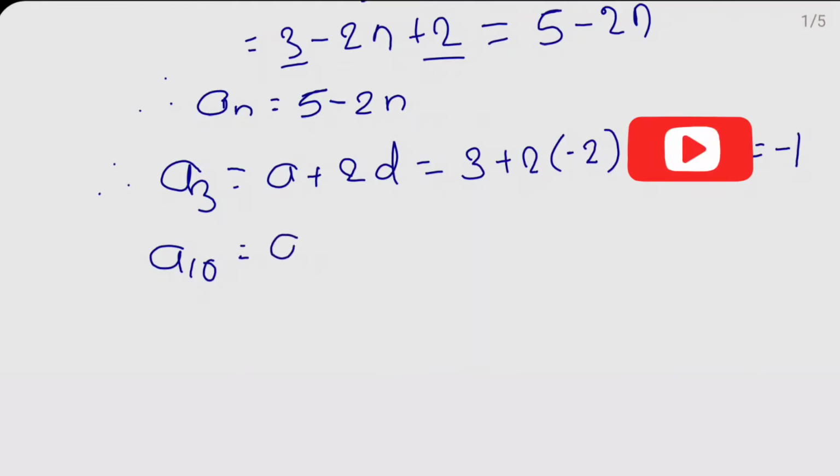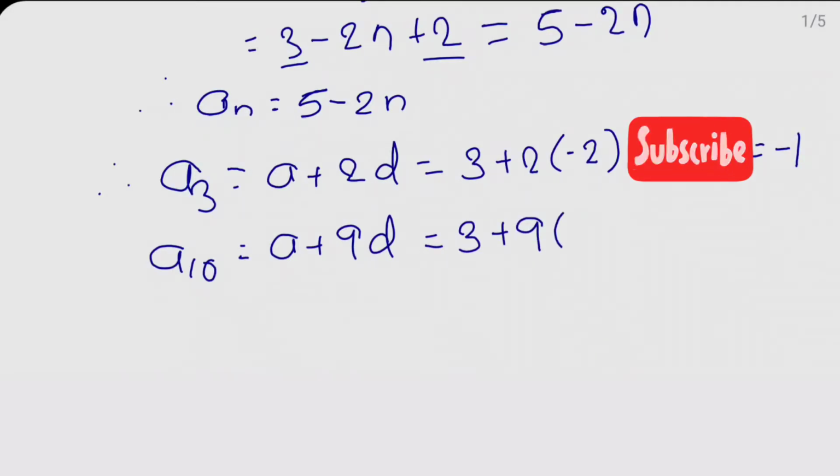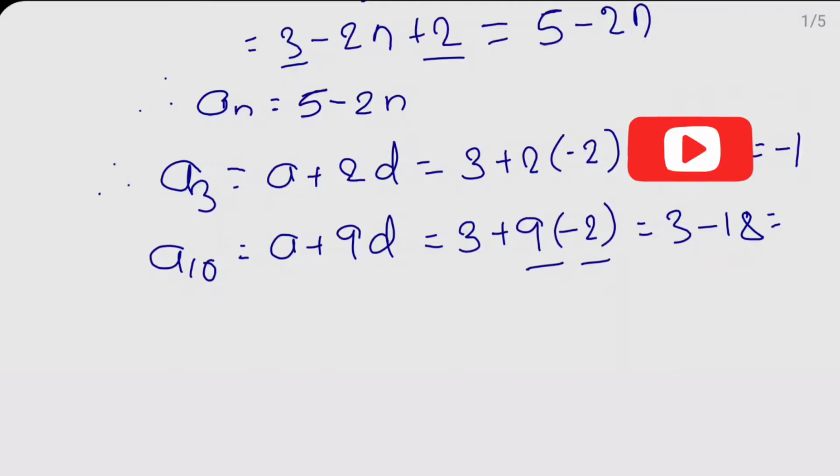So a10 equal to a plus 9d. So here a is 3 plus 9 into d is minus 2. So 9 into minus 2 becomes minus 18. So here 3 minus 18, it becomes minus 15. So a10 is minus 15.